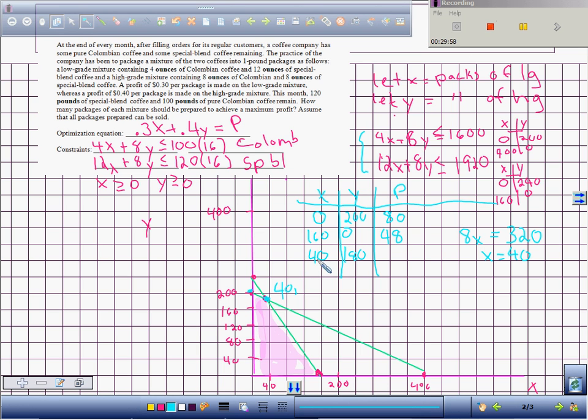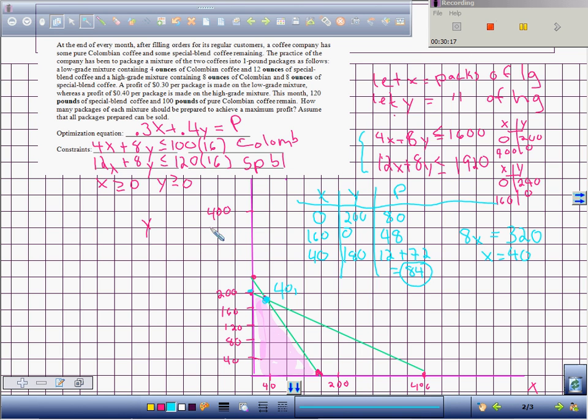And this one's going to give me a profit of 0.4 times 40, which is $12, plus 0.4 times 180, which is $72. So altogether, with that one, I get $84, which is my point that I want to use, okay?